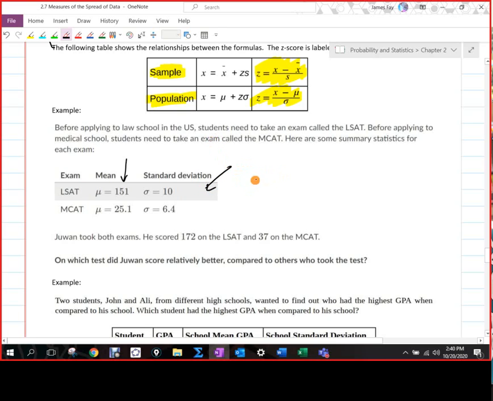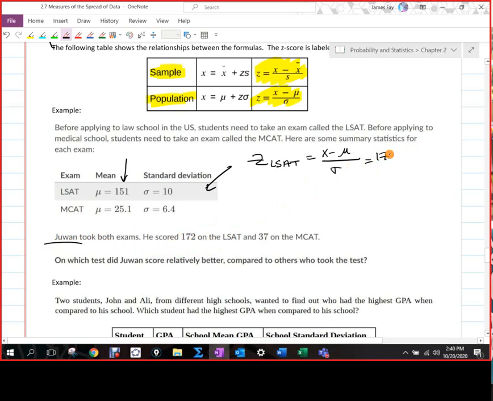So what we do is we find the z-score of these two things. If I find the z-score of the LSAT, now we've got all of the people that took this, so we're talking about a population. So it's going to be x minus mu over your standard deviation sigma. So my particular score on the LSAT, or this person, Juwan's score, was 172.